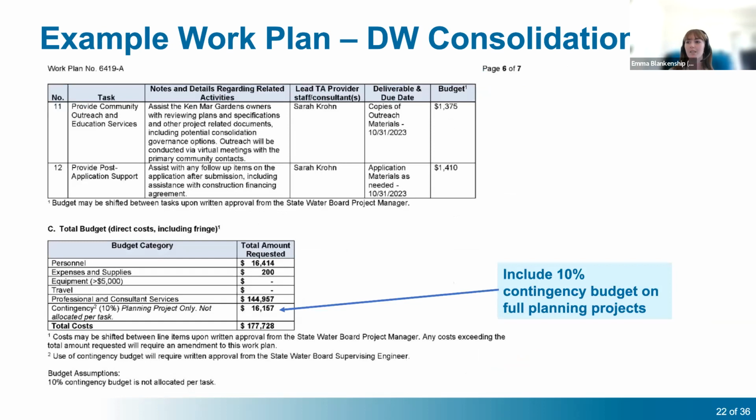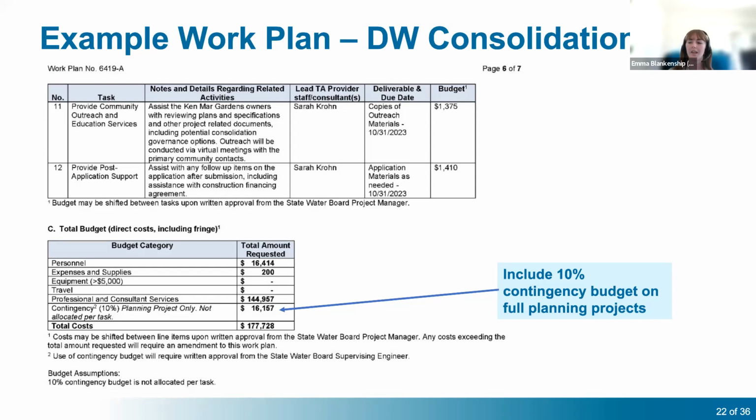Last couple tasks. So we have community outreach, which is often helpful in a consolidation project. And post-application support, which is basically where the TA providers finished the application and submitted it, and they're kind of on standby just to help address any questions or concerns that the construction project manager may have when they're reviewing the application and putting together a funding agreement for the construction project.